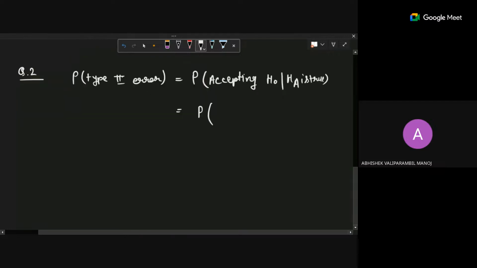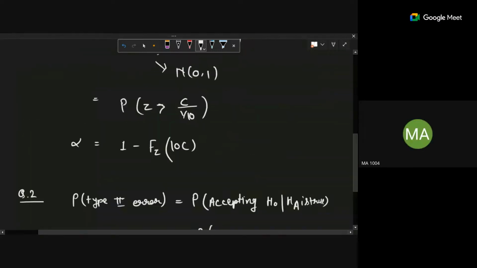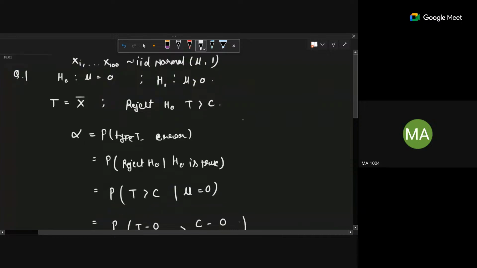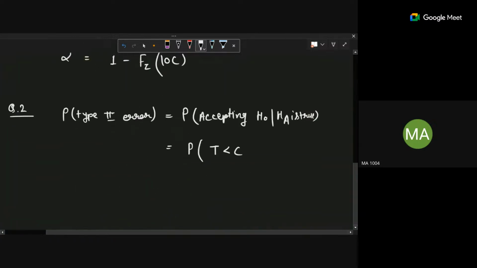T is less than c. How did you decide this, T less than c? Because we reject when T is greater than c. Yeah, exactly. We have set our test as reject H naught when T is greater than c, so we accept when T is less than c, or less than or equal to c. You can say both ways.